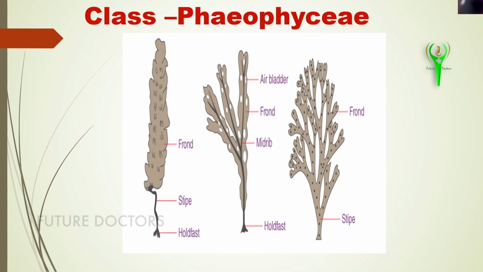Economic importance of Phaeophyceae. The brown algae that are used as food are Laminaria, Nereocystis, Macrocystis, Alaria, etc. Some brown algae like Fucus, Sargassum, Laminaria and Macrocystis are important fodder for cattle.